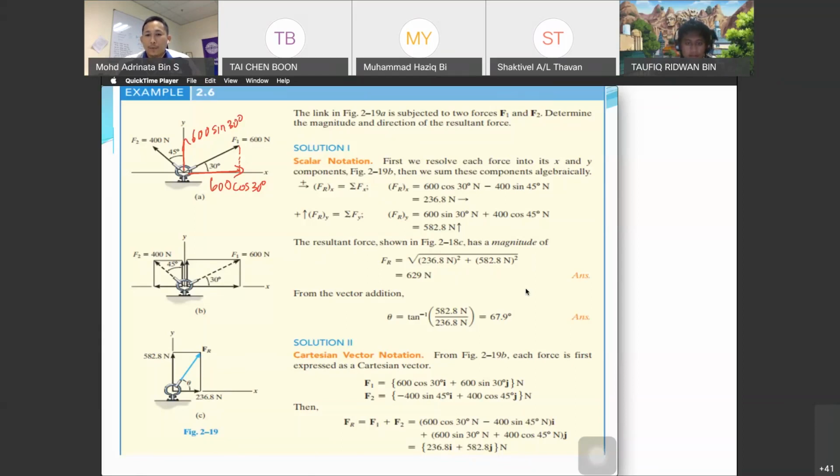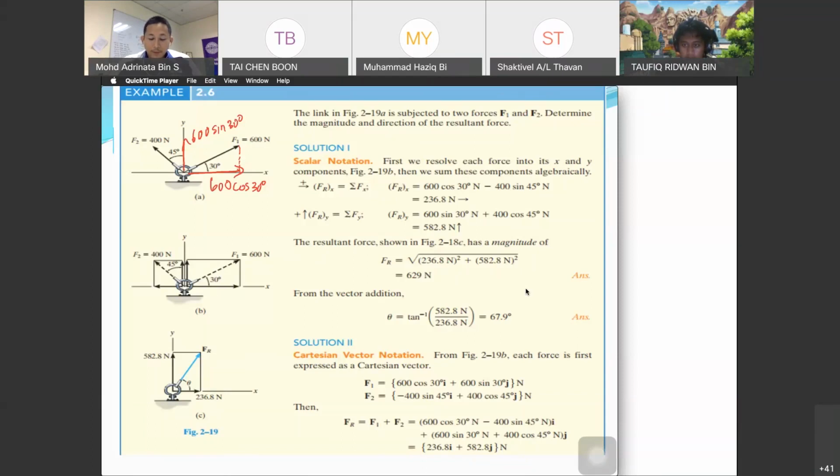That will give you the resultant force of Y direction. And then you need to find the resultant force from X and Y direction, and also you need to find the direction, which is theta.